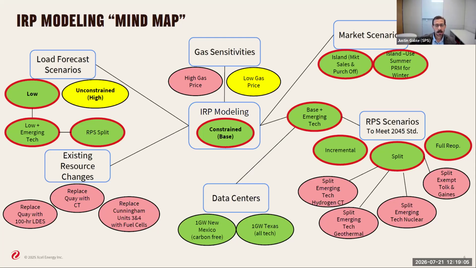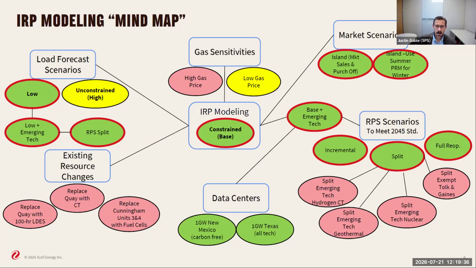What ultimately was decided upon between us and stakeholders was that we would model the summer PRM annually. So throughout the entire year, it would maintain the same summer PRM requirement, but we would maintain the dynamic ELCC curves for winter and summer that we previously had. So that was the change that we did for the islanded use summer PRM for winter.